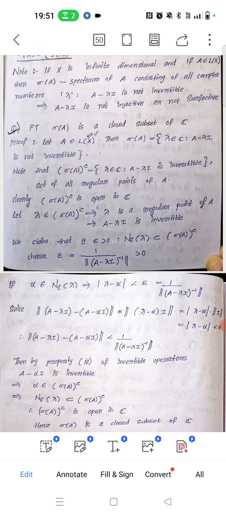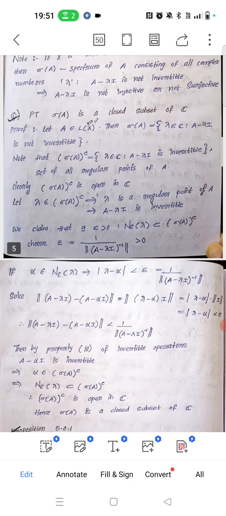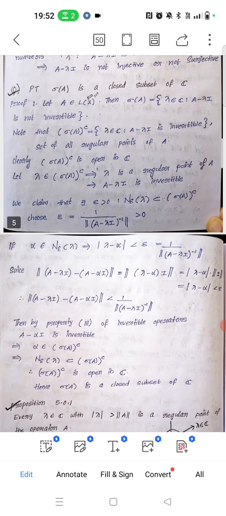Here we choose epsilon equal to 1 divided by norm of (A minus lambda I) inverse. This is a very important point here, the choosing of epsilon, the radius. Epsilon equal to 1 by norm of (A minus lambda I) whole inverse. It should be positive, and it is an existing value because A minus lambda I is invertible.